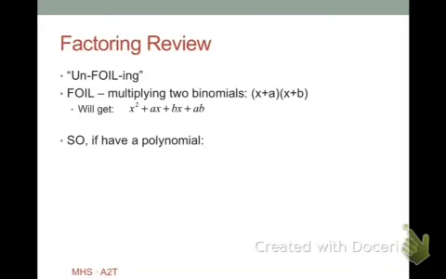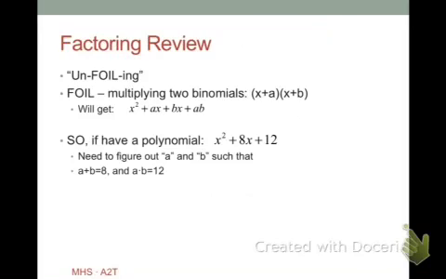So given that we'd have a polynomial that would look like x squared plus 8x plus 12, we'd need to figure out a and b such that the two terms add to give you 8 and multiply to give you 12.